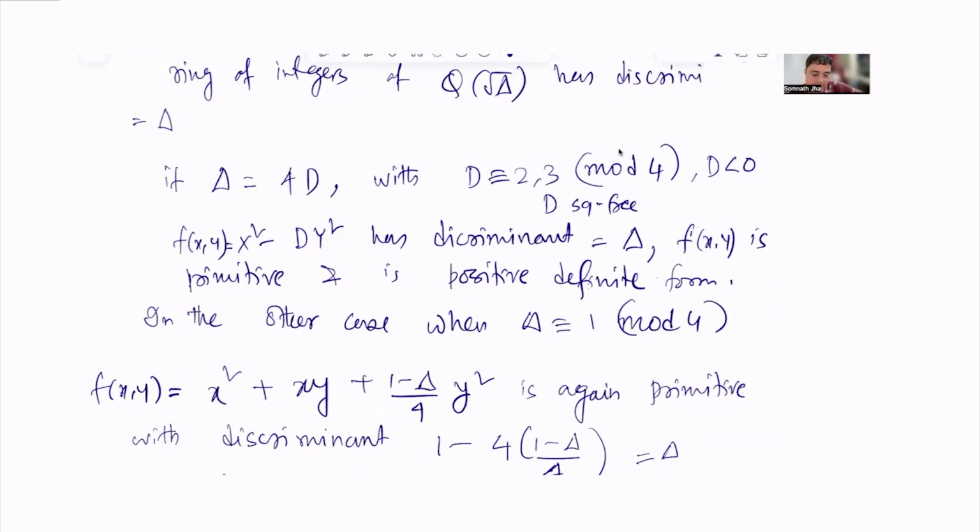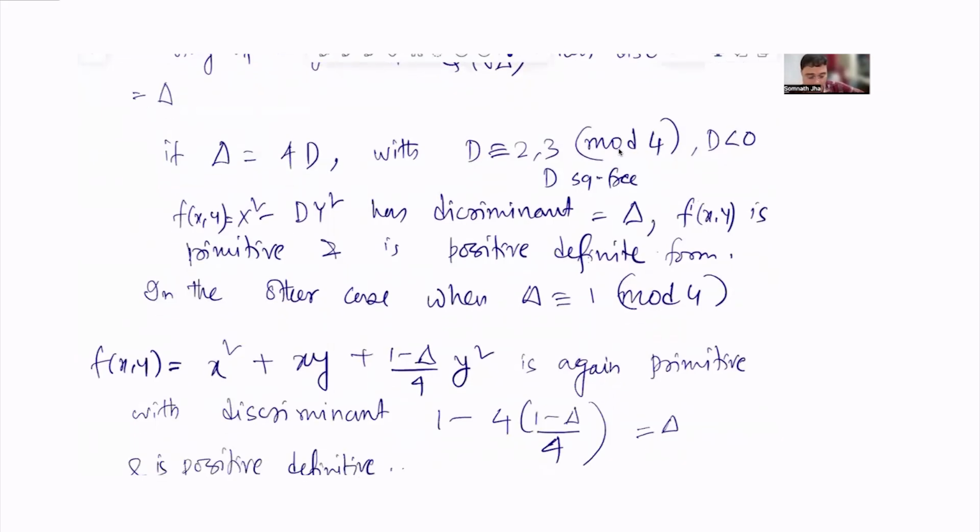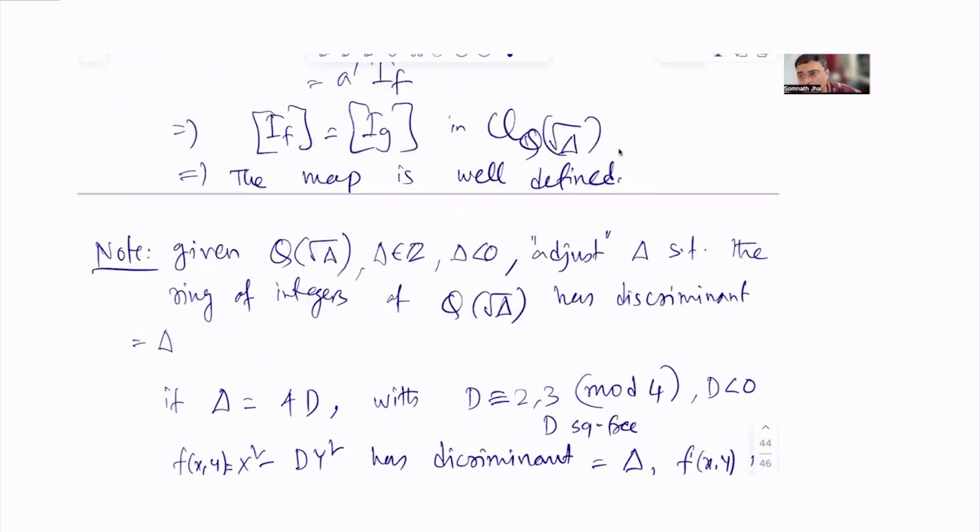So you are starting with the imaginary quadratic field. I'm saying you get a positive definite quadratic form which has the same discriminant as the imaginary quadratic field, and then you send that positive definite quadratic form to the ideal class of IF. So you send it to the abelian group generated by A and (minus B plus root D) by 2, and that map is well defined and we will prove injectivity and surjectivity.